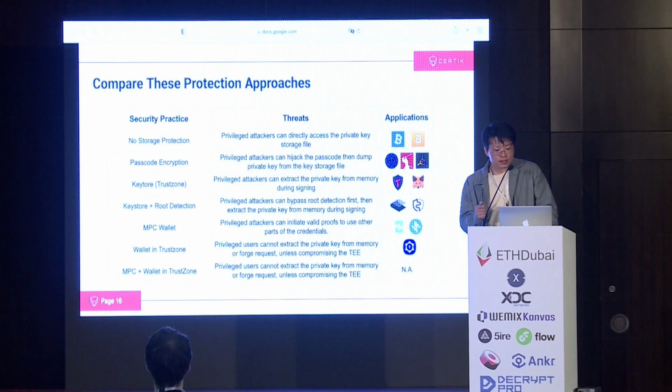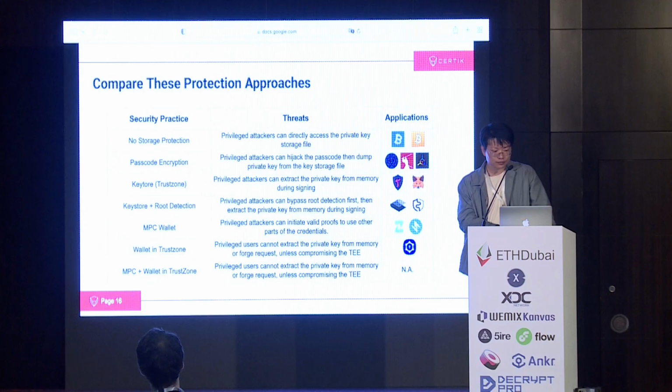MPC wallets separate credentials into multiple parts and distribute them to multiple parties, providing better credential at rest protection, but still vulnerable to request forging. Wallet in trust zone and MPC wallet in trust zone move the signing process into the secure world and use secure display and secure touch to prevent request forging, providing the highest level of protection against compromised device threats.